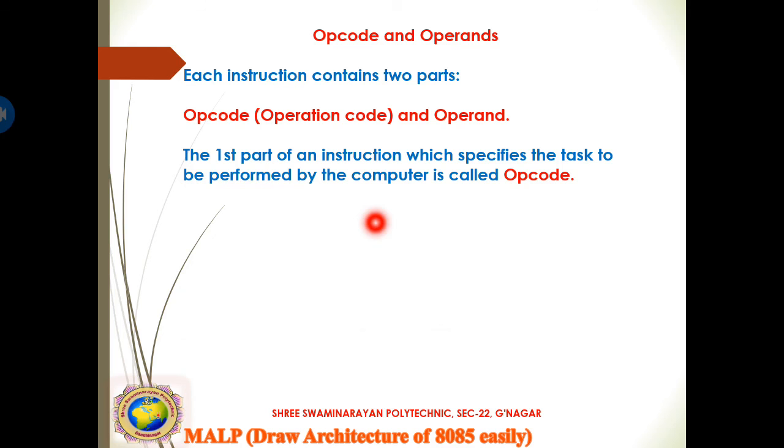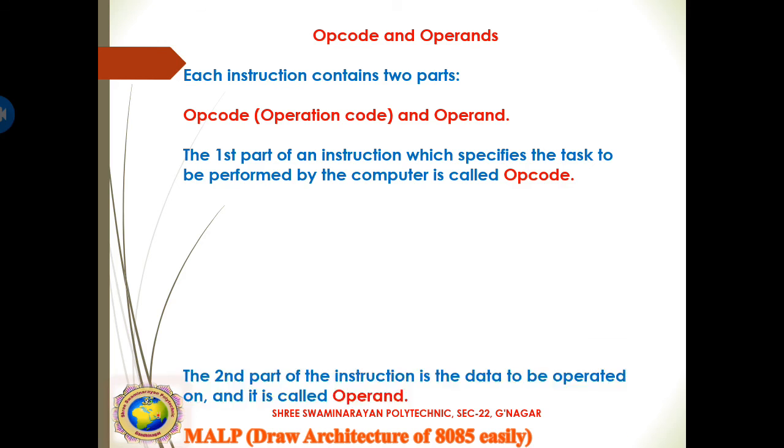The first part of the instruction, which specifies the task to be performed by the computer, is called opcode. જે ઇન્સ્ટ્રક્શન છે એનો પહેલો પાર્ટ છે કે જે આપણને કયું કામ કરવાનું છે એના વિશે આપણને જાણકારી આપે છે, એને કહેવાય છે ઓપરેશન કોડ ઓર opcode.